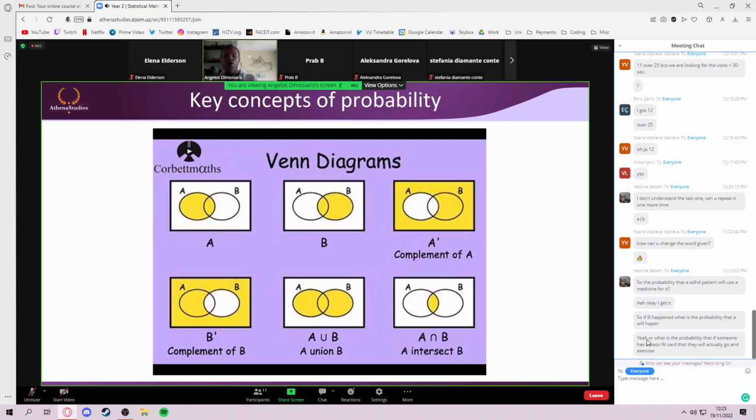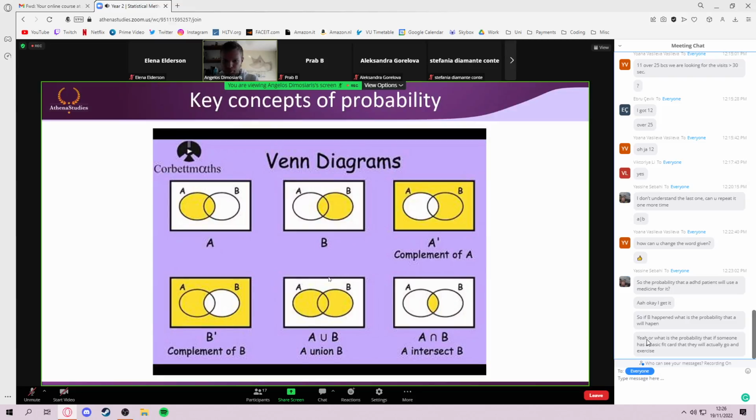We care about everything that's not A. So the complement of A is all the space here, except for A. So it's B, and all the outside of A and B. And the complement of B is everything that's outside of B. So you see, it's all the yellow that's outside of B. It's A and the rest of the space. That's the complement of B.